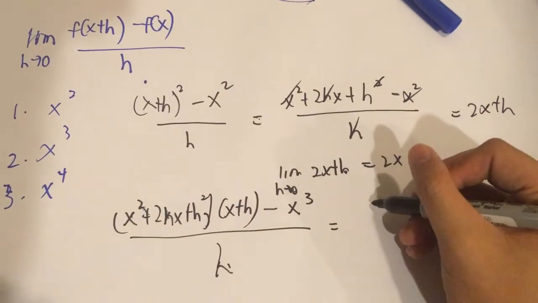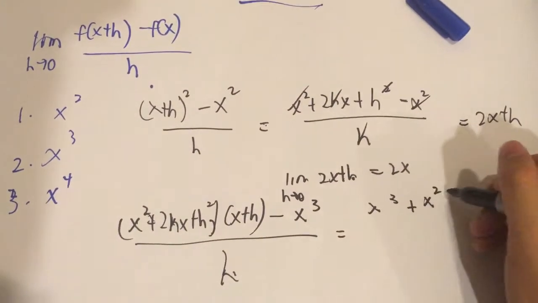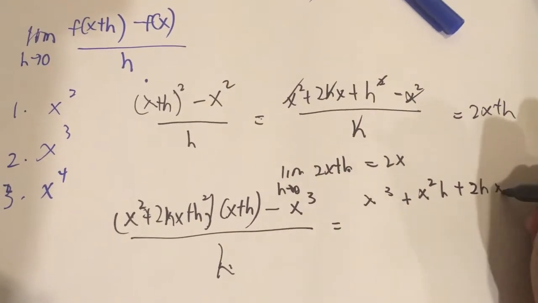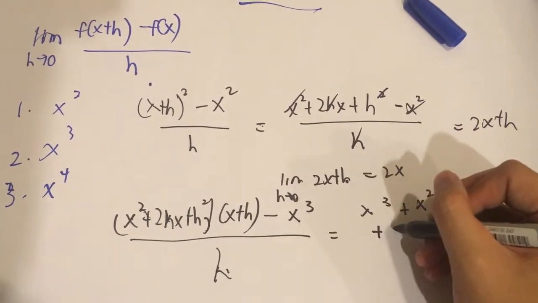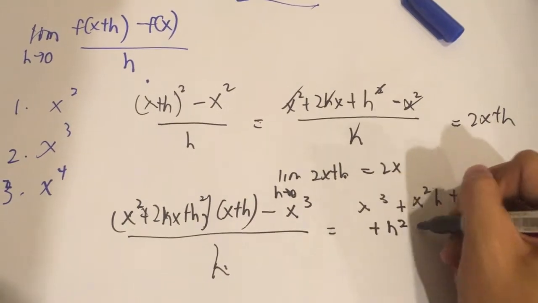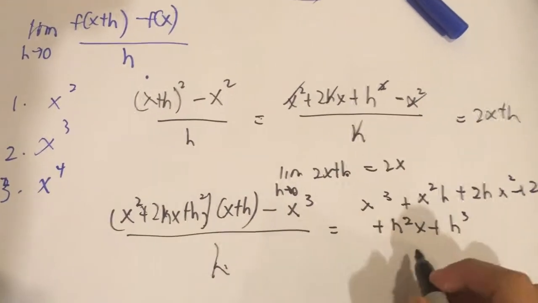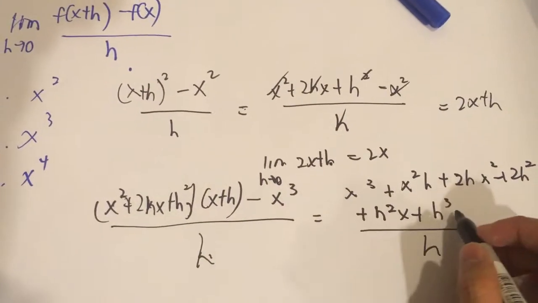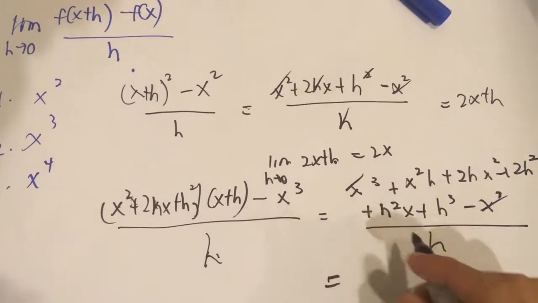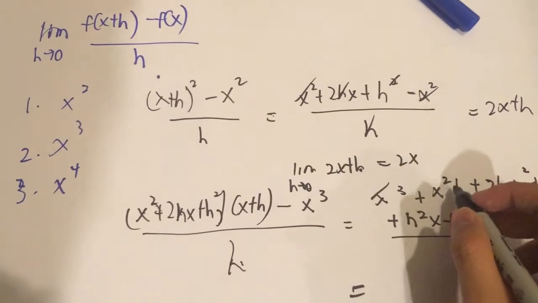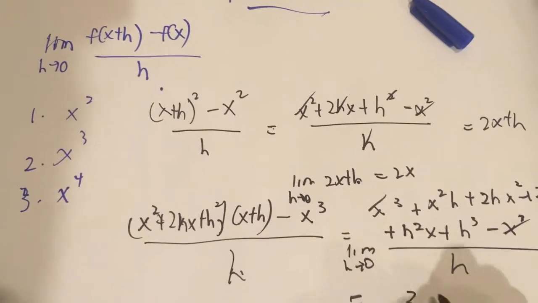This expands out, and if I cancel the minus x cubed and the other terms, then plugging in h equals 0 for the limit of h approaching 0, I should get the value 3x squared.